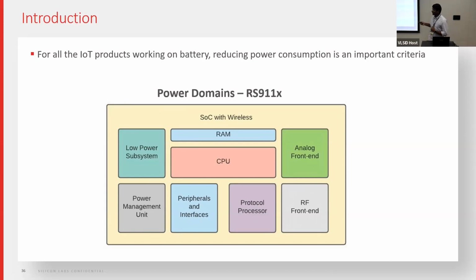These domains can be switched off depending on the state. For example, if the module is booting, the analog front end, RF front end, and protocol processor subsystems can be shut off, and the remaining will be active.